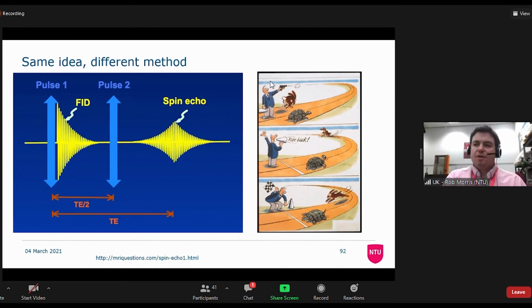Okay, so the analogy which is often used is this hare and tortoise. They run off on starters' orders, and then at some point the person calls them back again. The rabbit will run back as quickly as it ran away, and the tortoise will come back as slowly as it did, and they will both come back to the line at the same time. Okay, exactly the same as we saw with our refocusing of our gradient, but this time driven by our RF inversion.